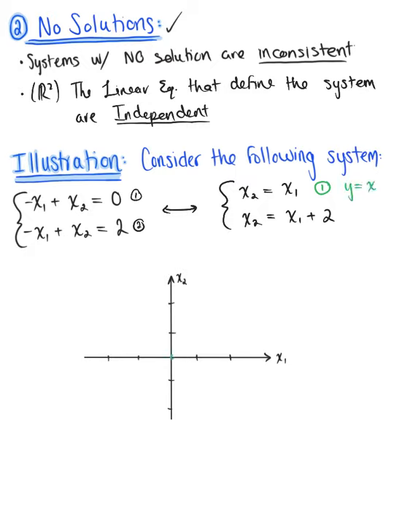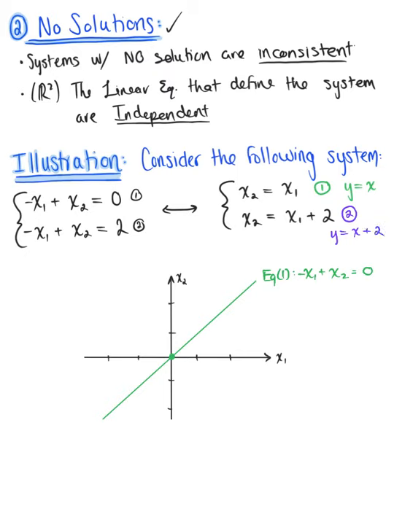So we have the x and y intercept at the origin, and we'll draw a straight line through this point. So here we go. Here is equation number 1, given to us as minus x sub 1 plus x sub 2 is equal to 0. And now our second equation is simply the same diagonal line, but shifted up 2 units.